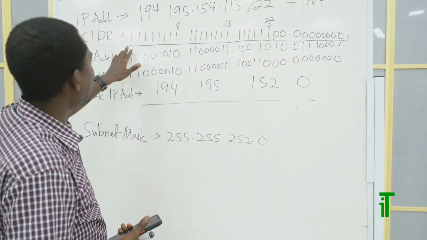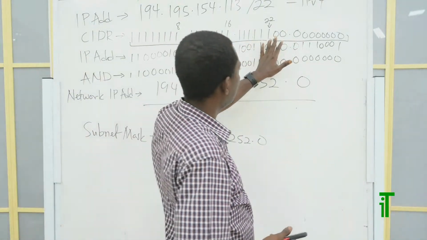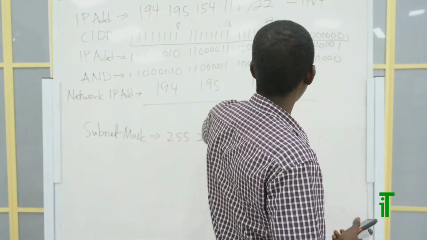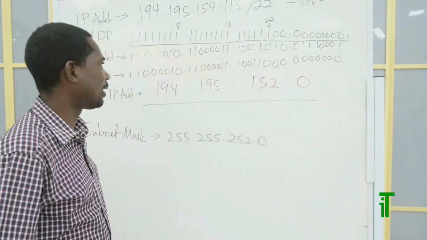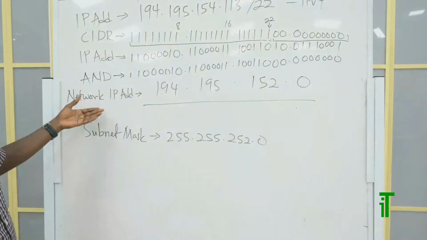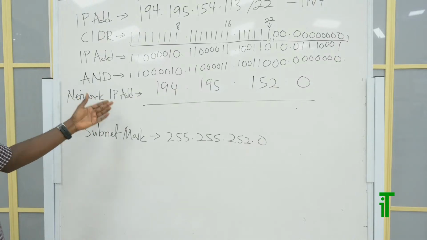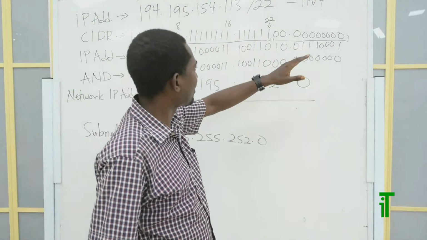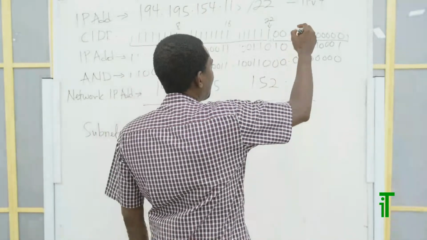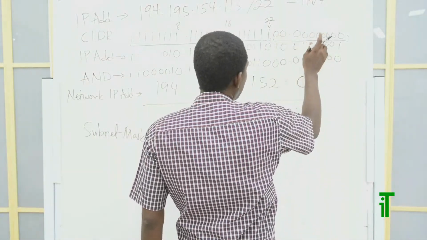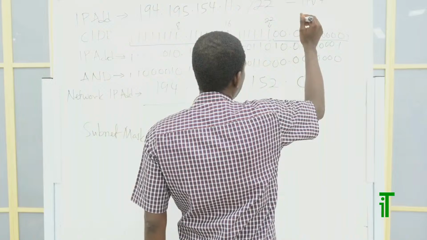The network ID is where we have the ones, and the zeros are actually the client ID or the host ID. But what we are looking for is the network IP address, and we get it from where the zeros are, the host IDs.